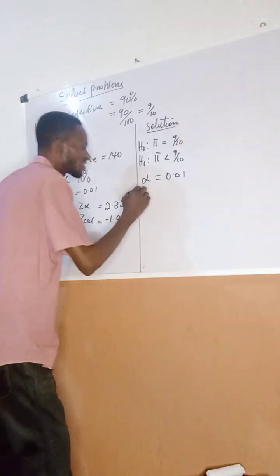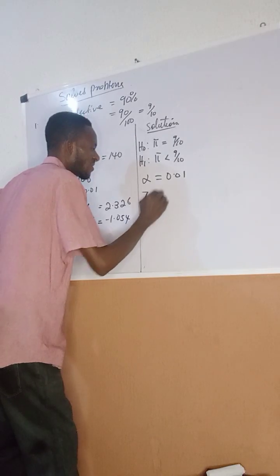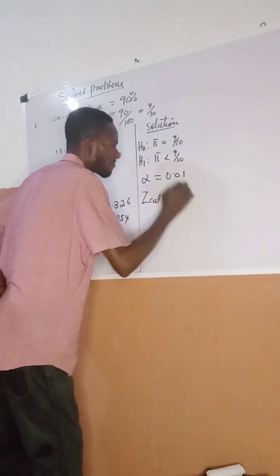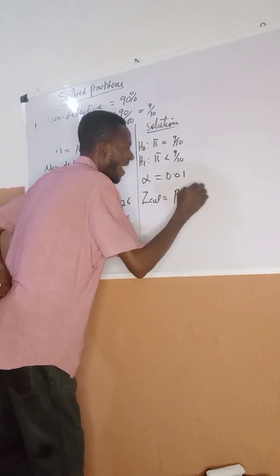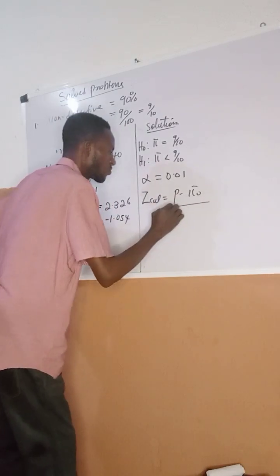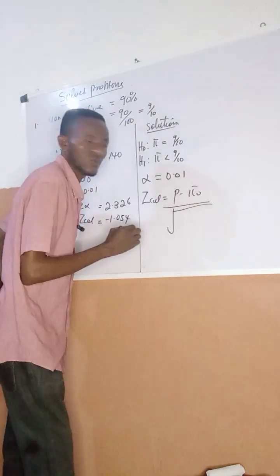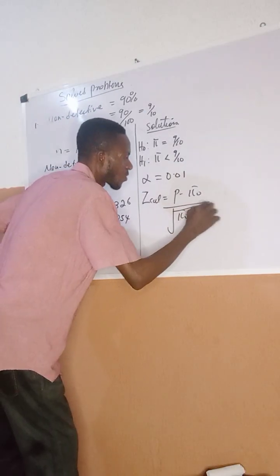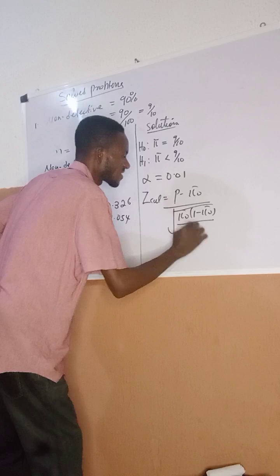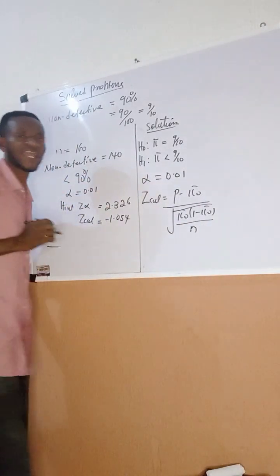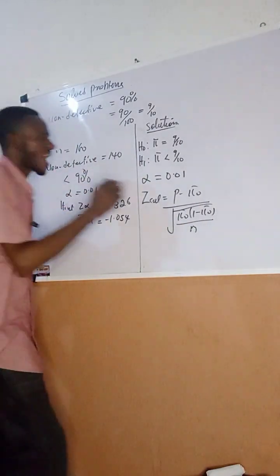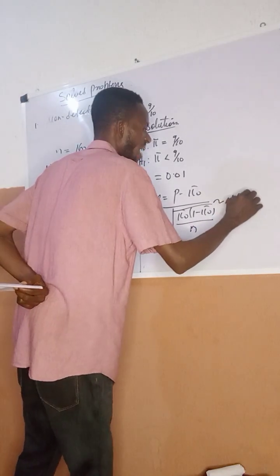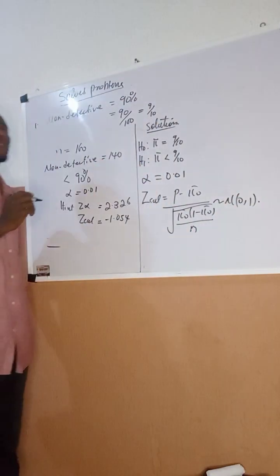Our test statistic, z-cal, equals p minus pi 0 all over the square root of pi 0 times 1 minus pi 0, all over n. And we are told that this follows normal with mean 0 and variance 1.